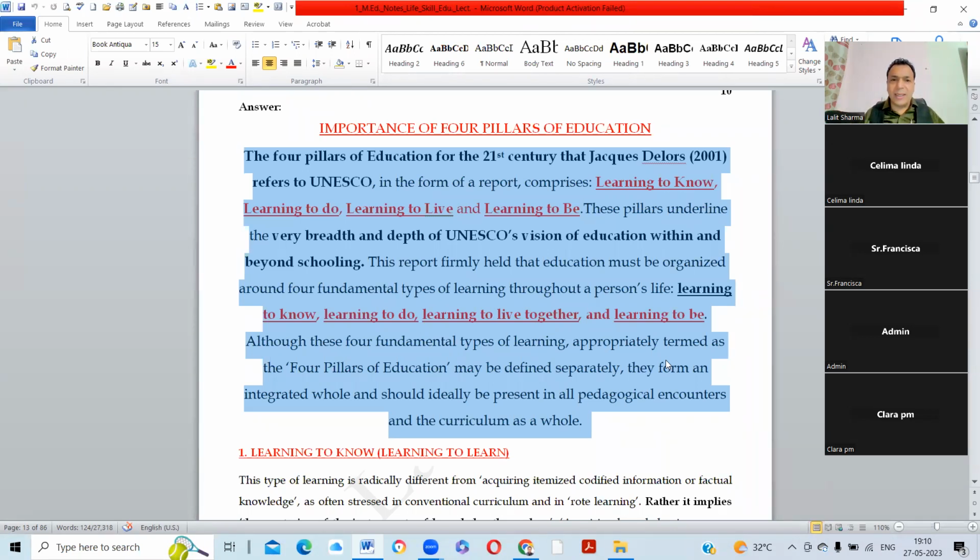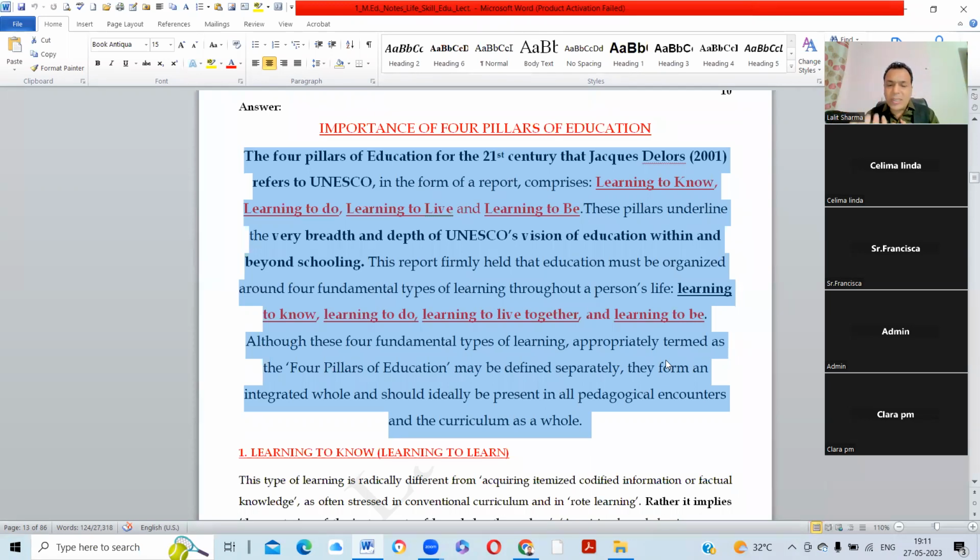What is the meaning of that? Basically, Delors wants to say that the purpose of education is these four things. You have to inculcate them among the students. Whatever education we have, the lot of buildings and effective teachers, what is the purpose of that?